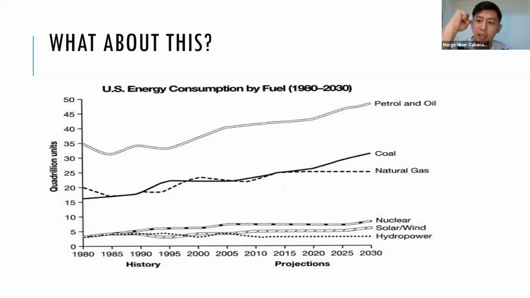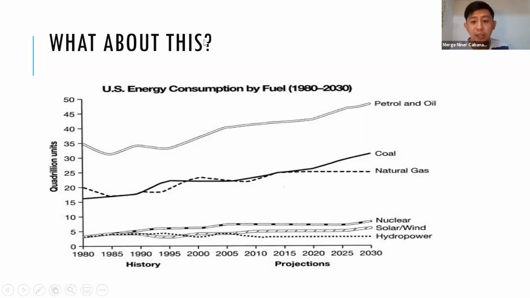So I can put them together in one paragraph. And you see that nuclear, solar, wind, hydropower from 1980 until 2030, we see a slight increase. They're following the same path. So I could basically use the same paragraph for all those 3. So I can use 2.